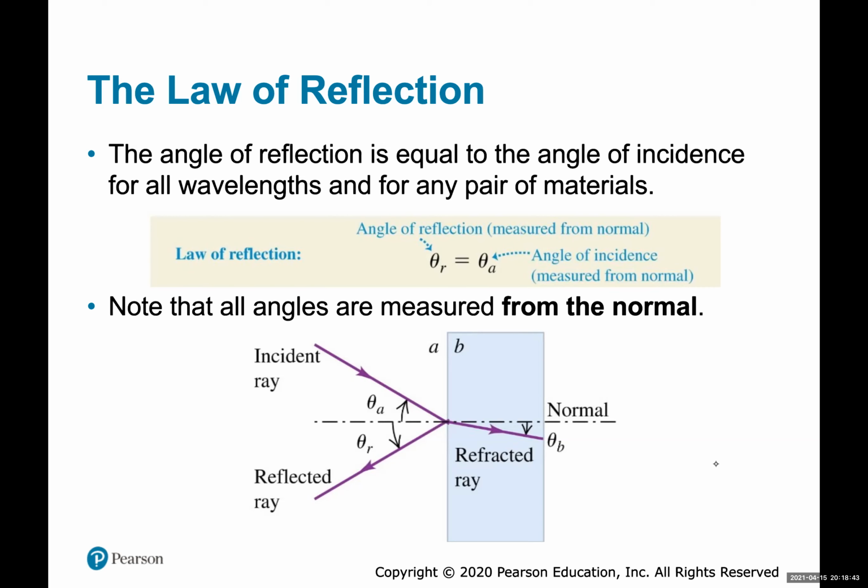The parallel component of the velocity has to be preserved because there's no way for the surface to have interacted with it. We can change the direction along the axis perpendicular to the wall, but we cannot change the direction along the axis parallel to the surface of the wall. That means that these angles need to be the same.